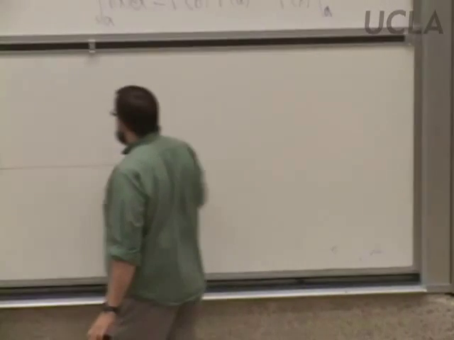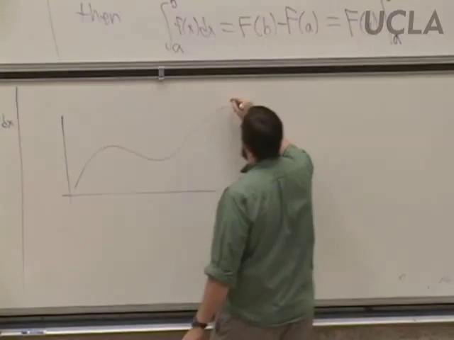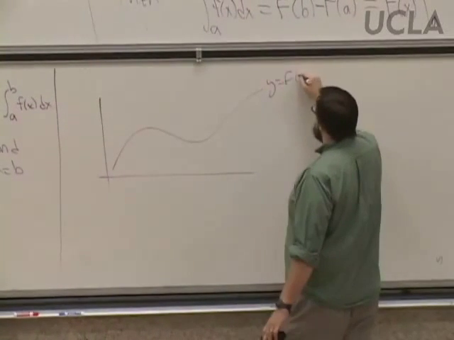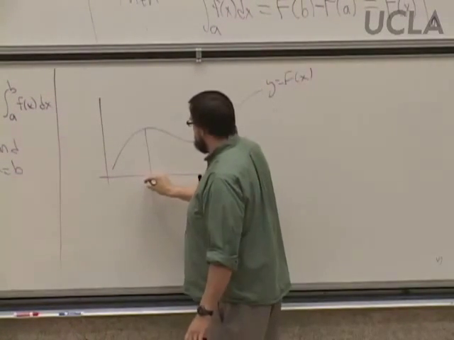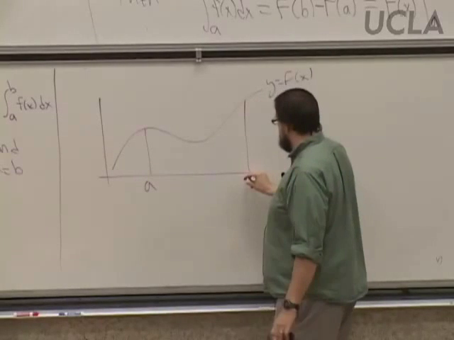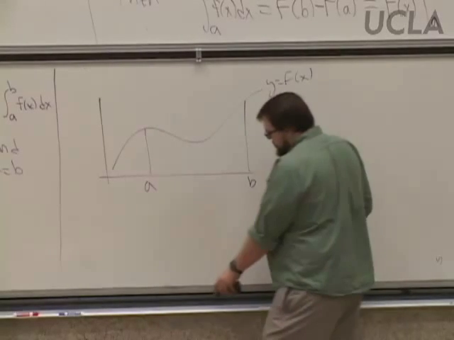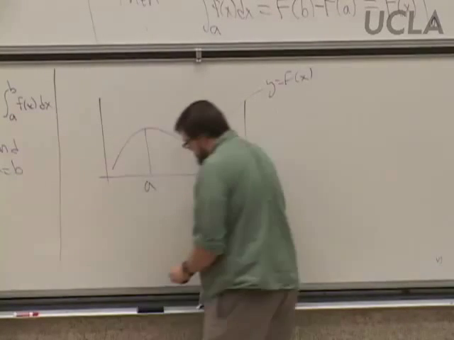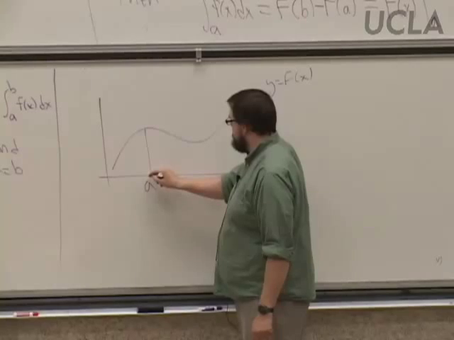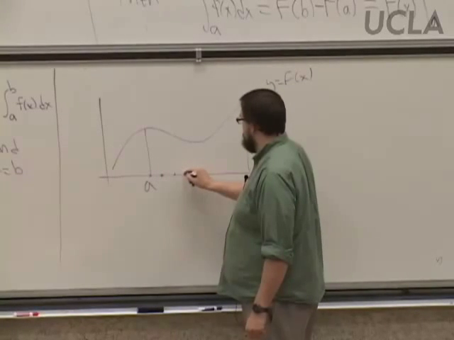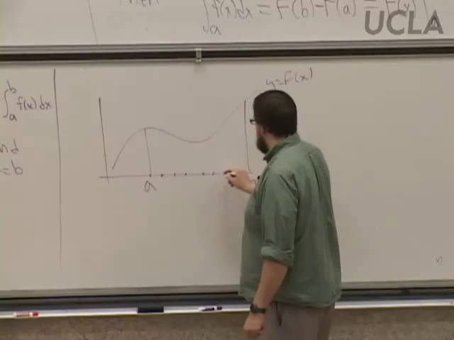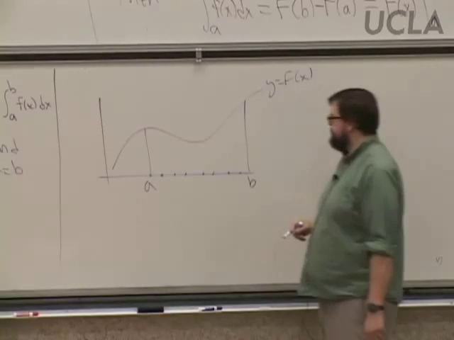All right, so we have y equals f of x, and I start from x equals a, and I go to b. Now, what I'm going to do is I'm going to basically chop this interval from a to b up into little pieces. They don't all have to be equally sized. They can be if you want.